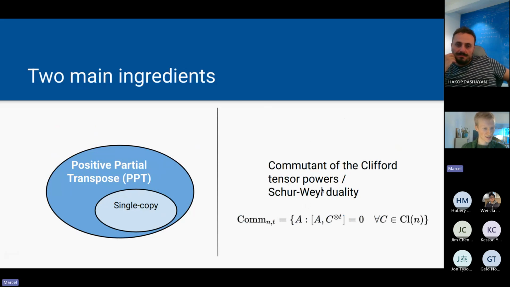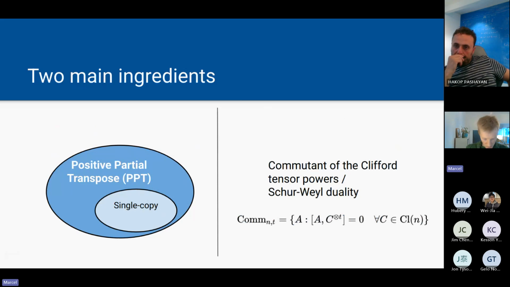But if you understand this and know how to work with it, then you can combine these two things and actually prove something about positive partial transposes of moments of Clifford operators. Right, this is on the technical side what goes into proving a lower bound.